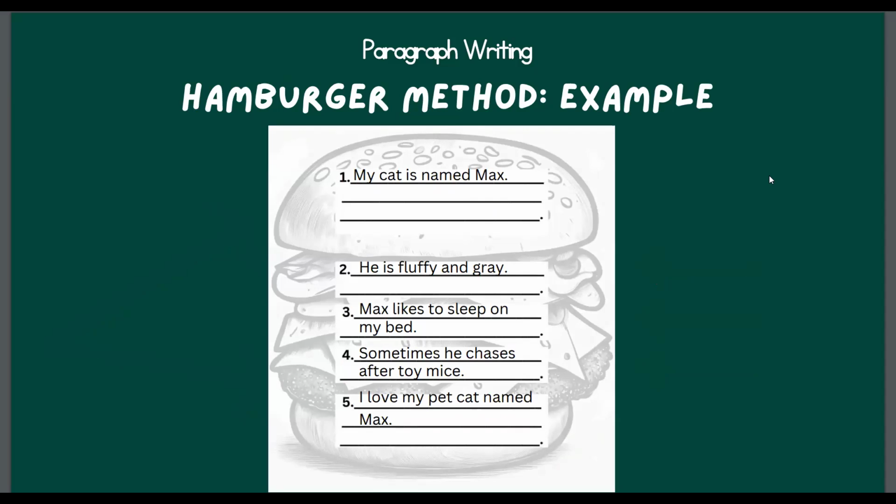So I'm writing about my pet Max, so I'm going to tell you about him. He is fluffy and gray. Max likes to sleep on my bed, and sometimes he chases after toy mice. And then that last sentence is going to be the conclusion sentence. It's going to restate the first one in just a little different way. I love my pet cat named Max.